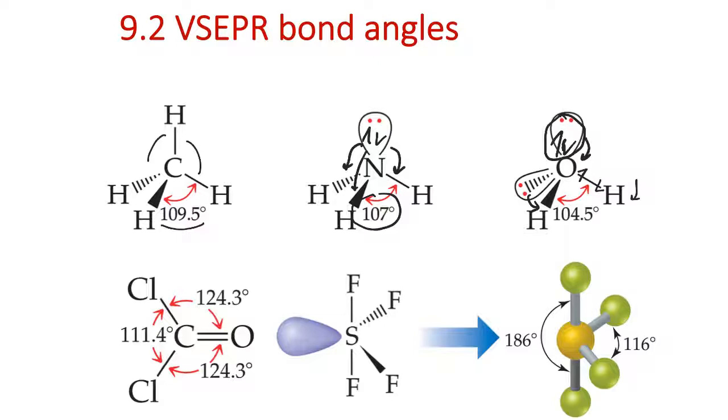If you look at something like SF4, it has that 5th domain, a non-bonding pair of electrons on sulfur, and then 4 bonds to fluorine atoms. So that's going to take the bipyramid shape. Notice that this basic shape is the trigonal bipyramid shape, just where one of the electron pairs resides in one of the spots of the trigonal bipyramid structure.